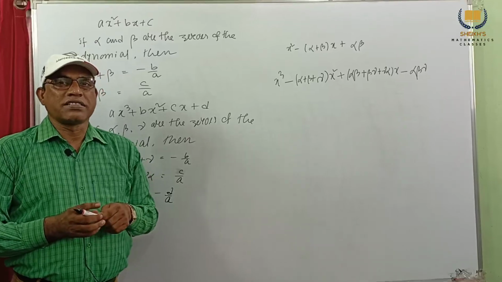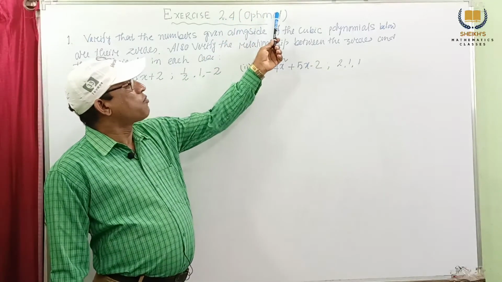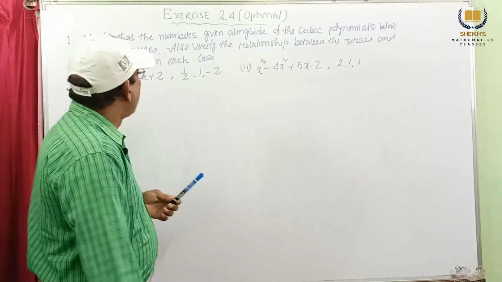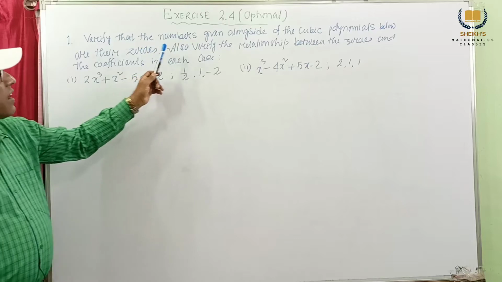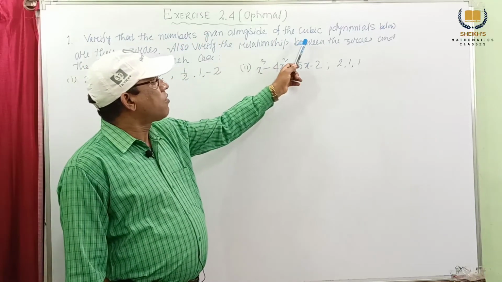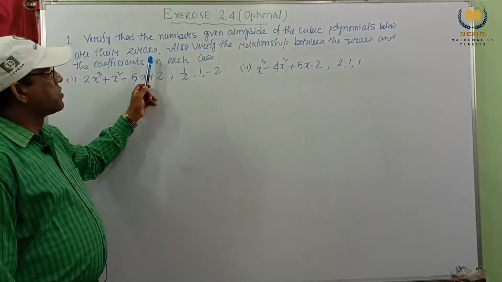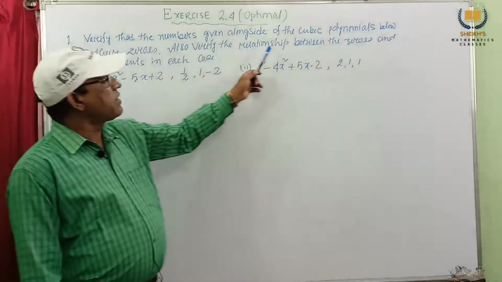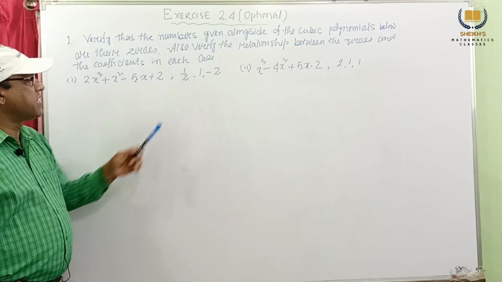Now we consider the exercise. Now we consider exercise 2.4. This is optional. Number one: verify that the numbers given alongside of the cubic polynomials below are their zeros. Also verify the relationship between the zeros and the coefficients in each case.